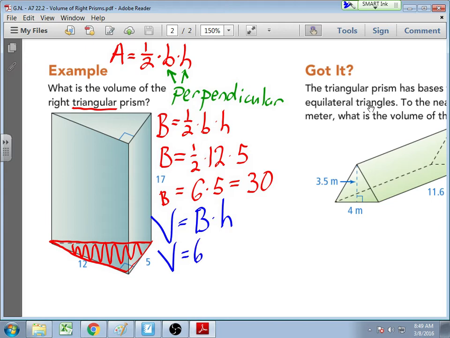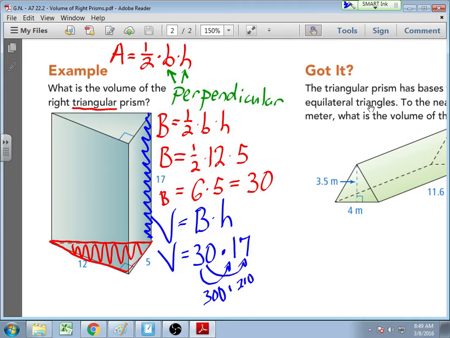So it's going to equal that 30 times the height, which is always the distance between the bases, which here is a 17. I can break this up and do 30 times 10, which is 300. Then 30 times 7, which is 210. Add those together, and I'm going to verify this in my calculator just to check, but our math is good. This would be 510, and because we don't see a unit, we can just say units cubed.